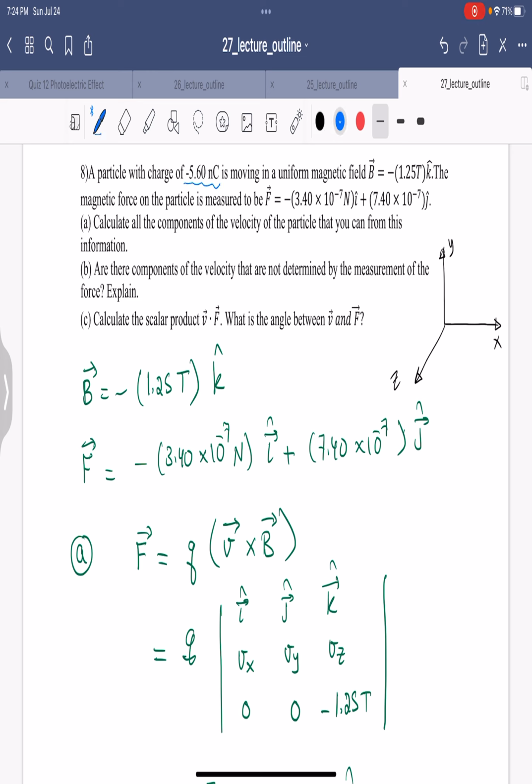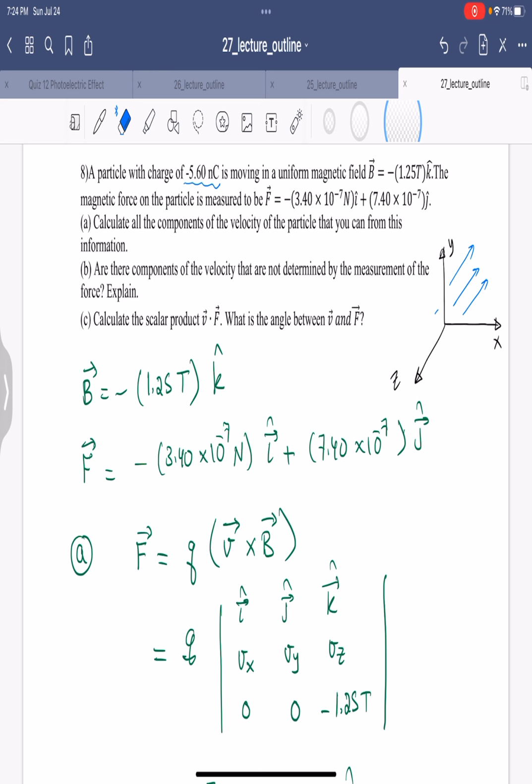And there is the magnetic field. It is lines going in this direction, along the negative K.